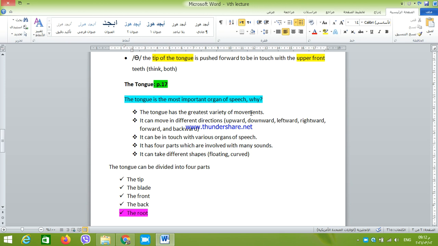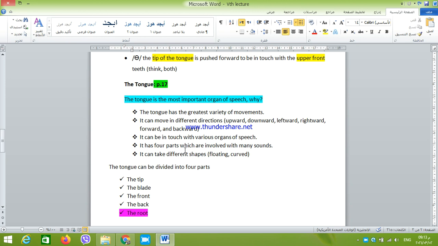Actually, greater than any other speech organ. It can move in different directions: upward, downward, leftward, rightward, forward, and backward. Okay? The movement is very great.